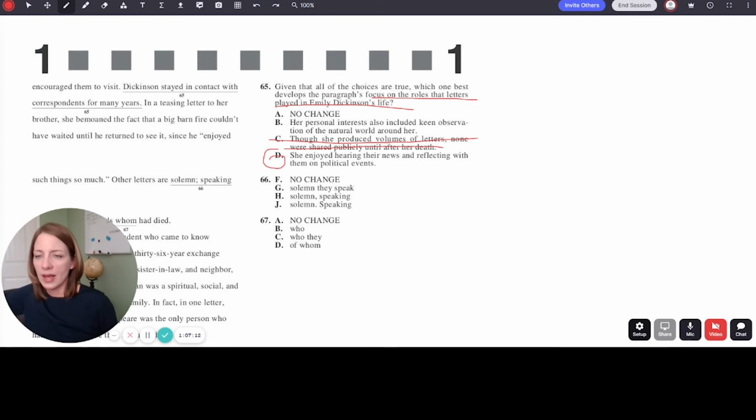D, I think, best illustrates that she told about her life and she enjoyed reciprocating, hearing about their lives. So I believe that's a better choice.